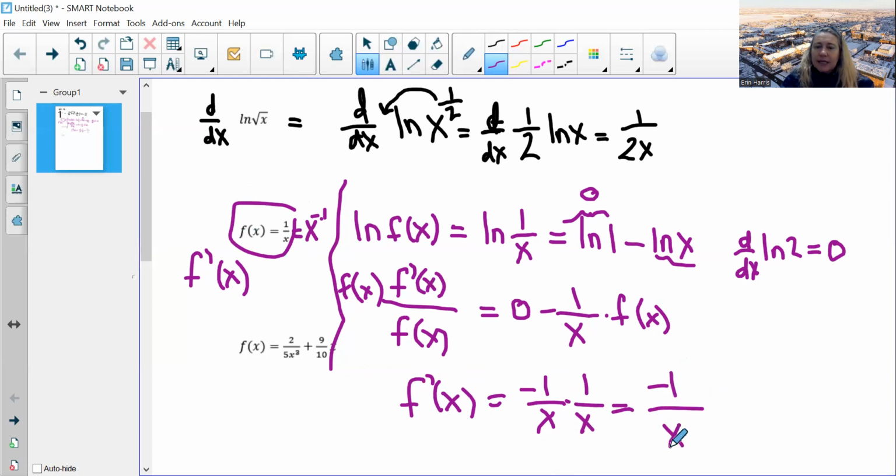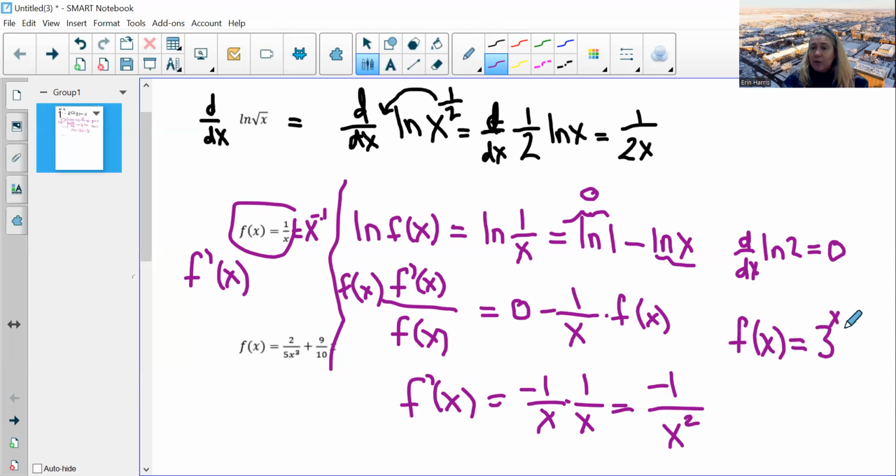I want to make it clear to you that logarithmic differentiation, although it's most necessary when we have to take the derivative of something awful, I could ask you to use logarithmic differentiation on a function that's not terribly difficult. For example, we did use logarithmic differentiation when we wanted to find the derivative of exponential functions like this.